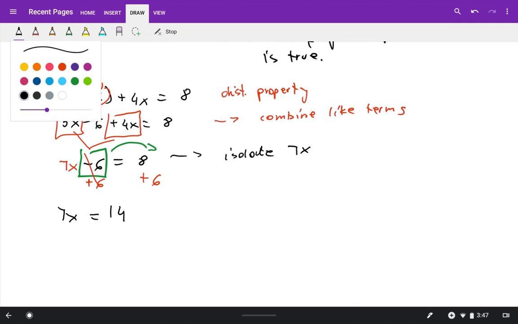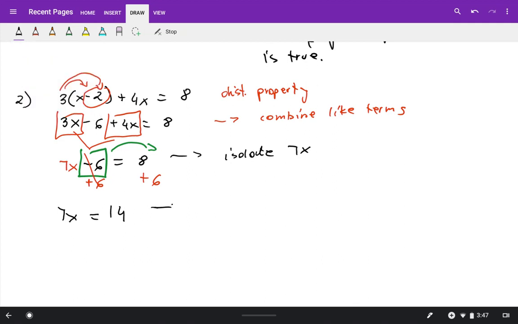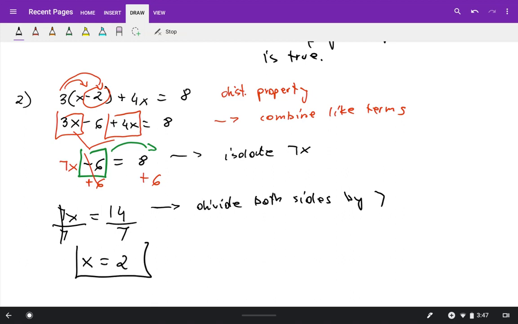The last step will be divide both sides by 7. We end up with x equal 2. And this is our solution.